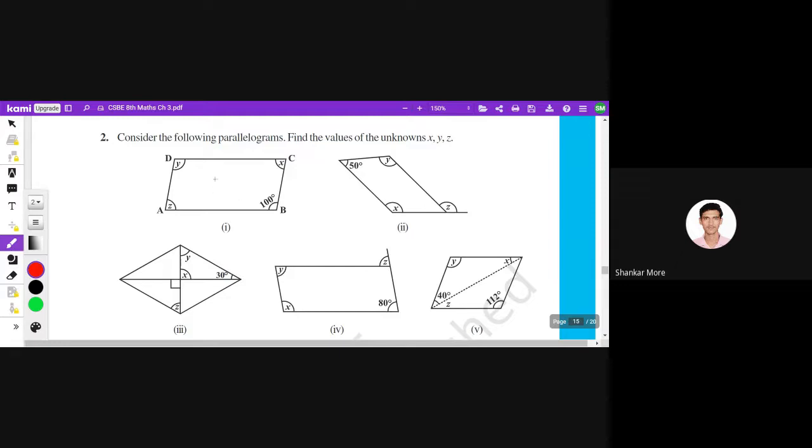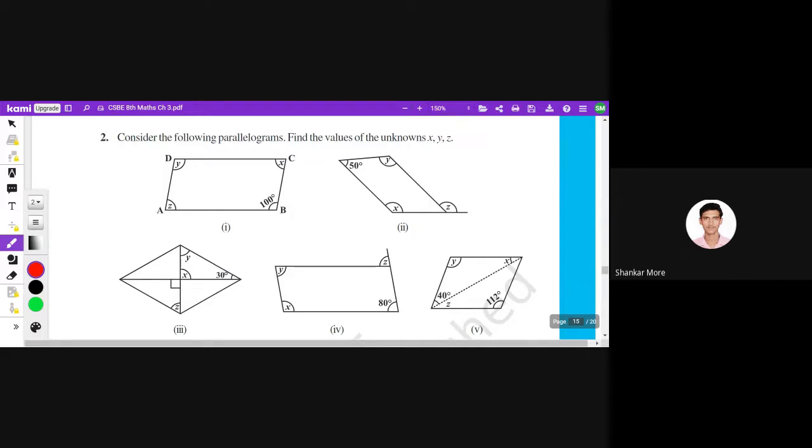Okay. So the value of y in the first figure, what is the value of y? 100. Value of x and z, x is equal to z is equal to 80. Good. Very good, everyone. Now, second figure. What is the value of z? No, no, no, no. I'm asking about z.